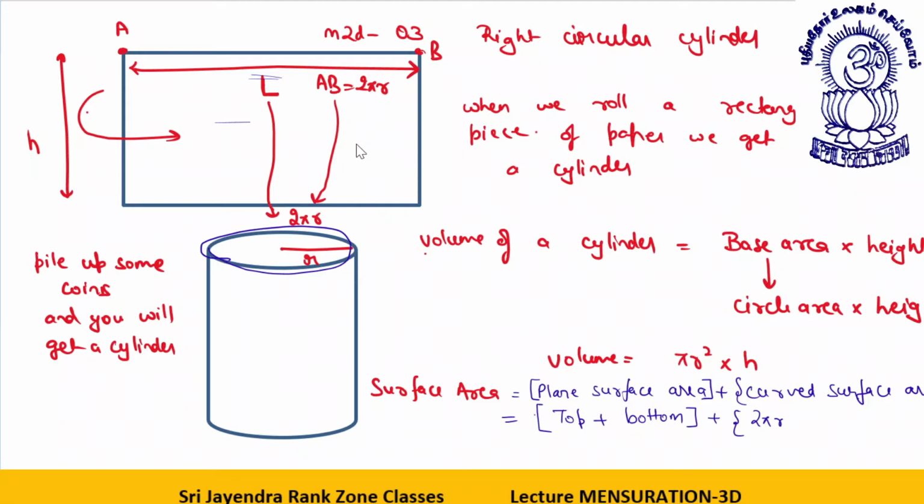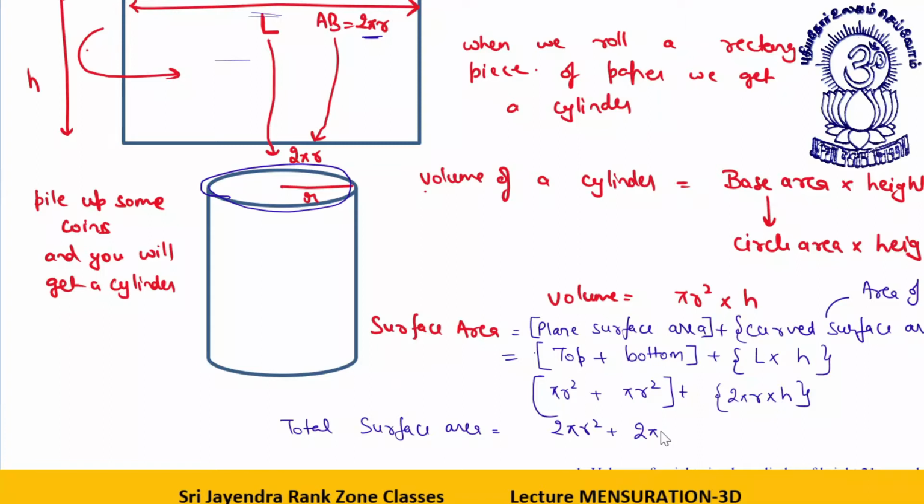Plus curved surface area, which is actually the area of paper. So what is the length? This length is 2 pi r into h. So my dear beloved students, what do I get over here? Total surface area is actually 2 pi r square plus 2 pi r h.